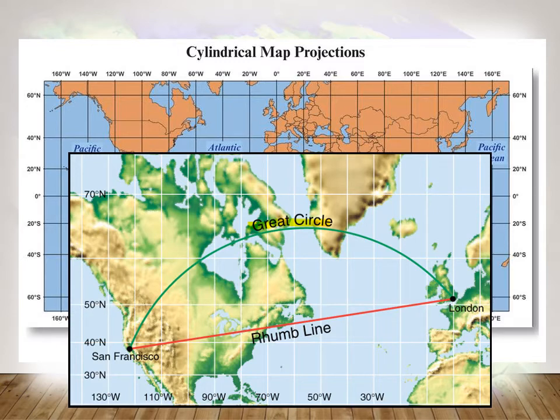So if you're going from San Francisco to London, you might think that your airplane would run along what's called the rhumb line. Actually, your airplane would go pretty far north. It would probably go into northern Canada and Greenland back to London. It's actually the quickest way to get from one city to another.